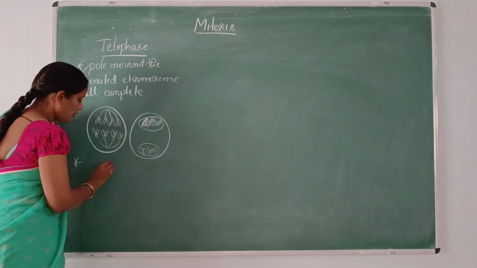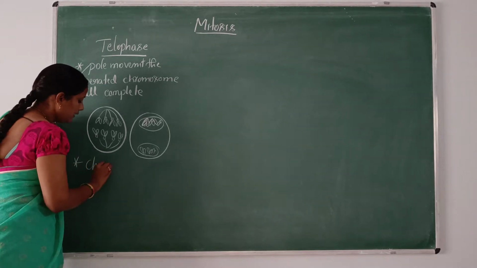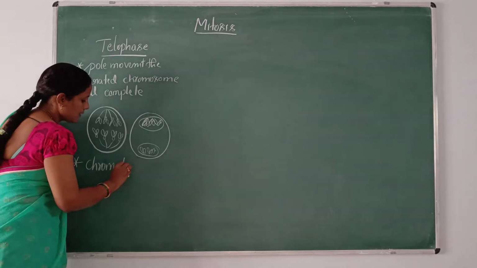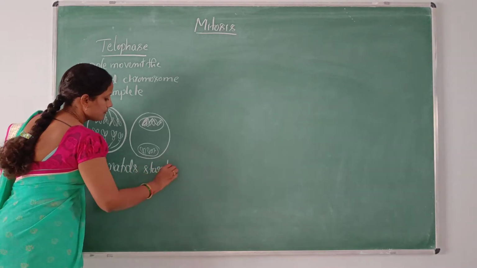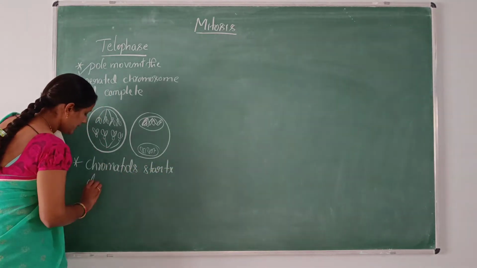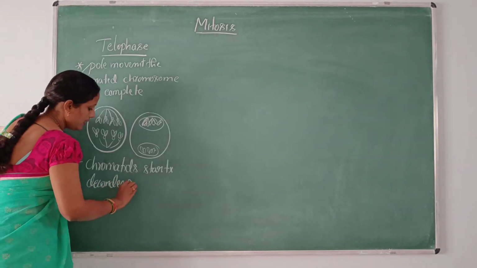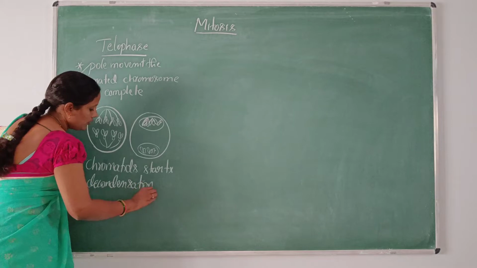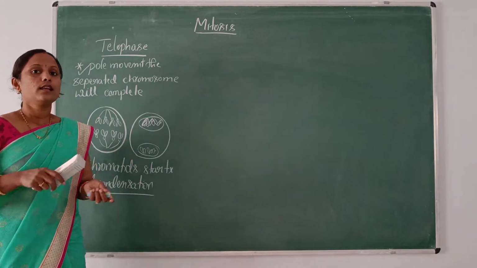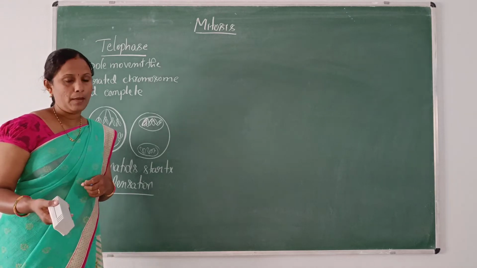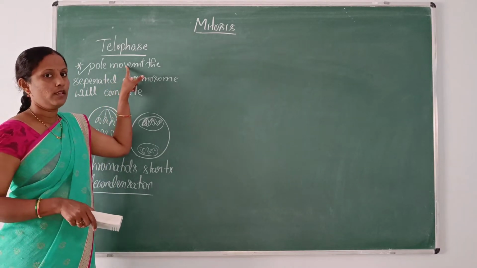in the two groups of chromosomes the chromatids start decondensation. Remember from the prophase that the condensation of chromosomes happens in the prophase; the opposite events will happen in the telophase.